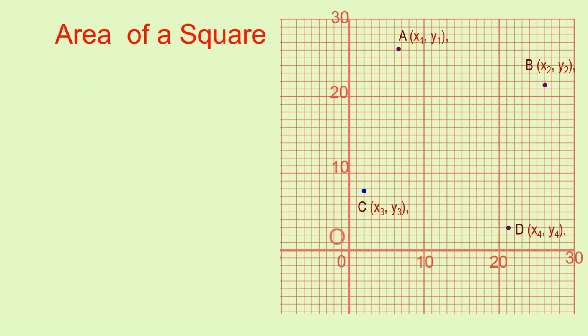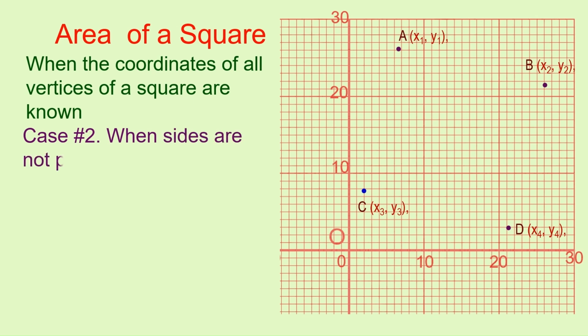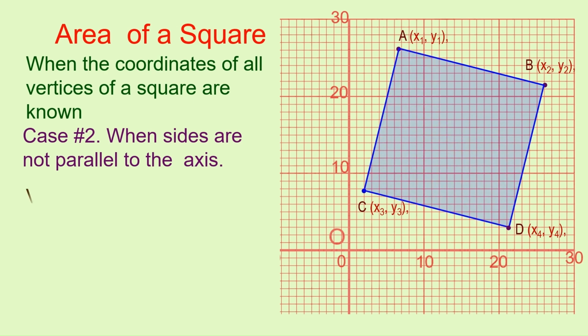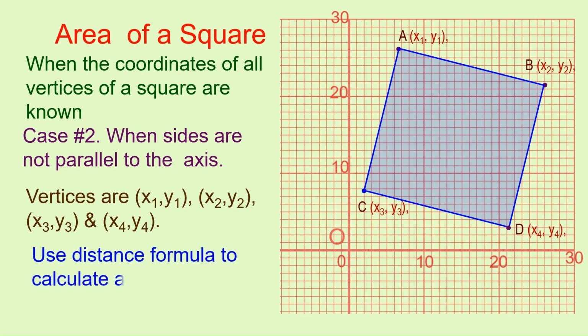Area of a square made by four straight lines. The coordinates of all vertices of a square are known. Case number 2. When a side of a square is not parallel to any axis, vertices are x1, y1; x2, y2; x3, y3; and x4, y4.